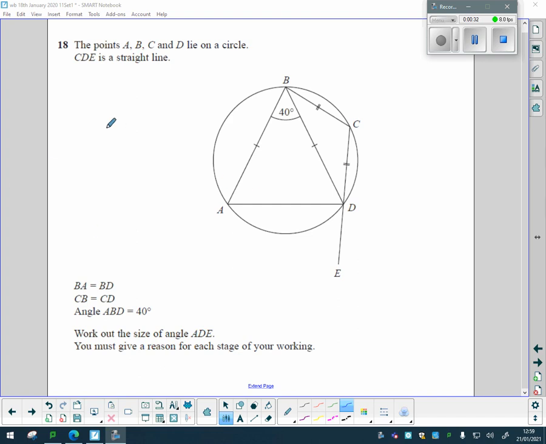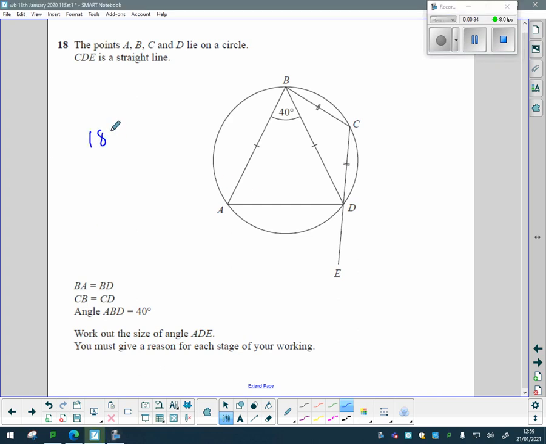So if I just do 180 take 40, which gives me 140, and then I half 140, which is 70, of course, I get these base angles. Okay, so I'm going to write that down.